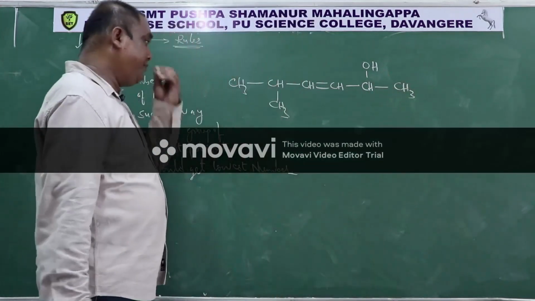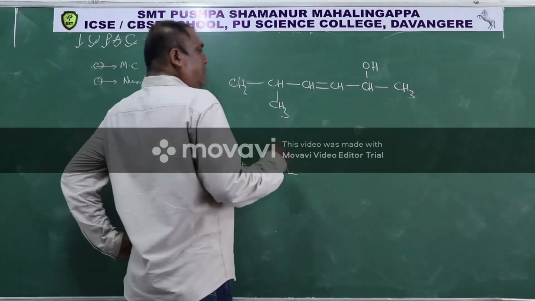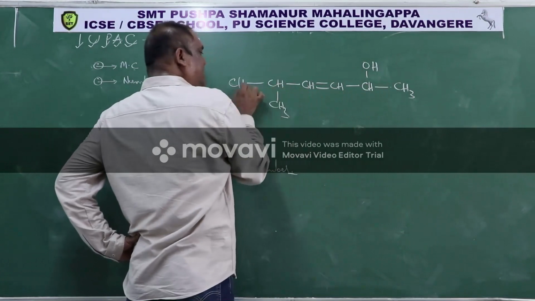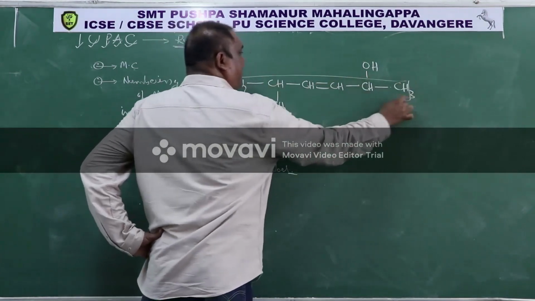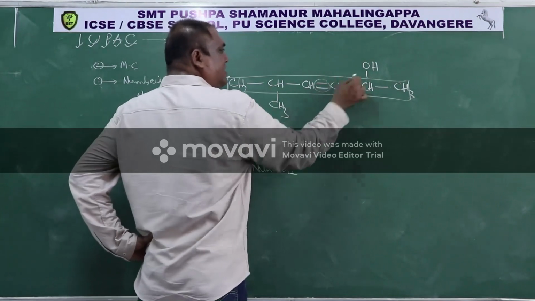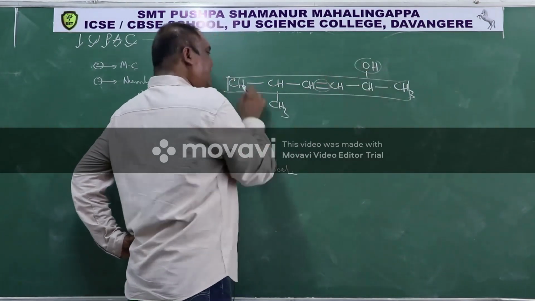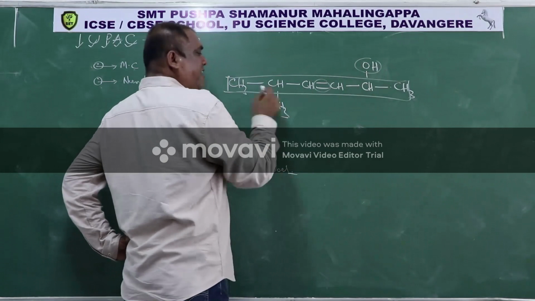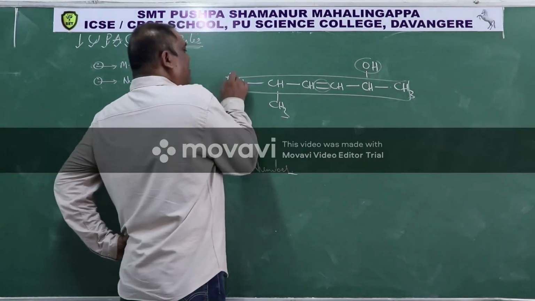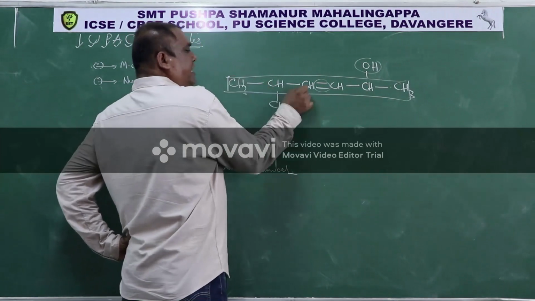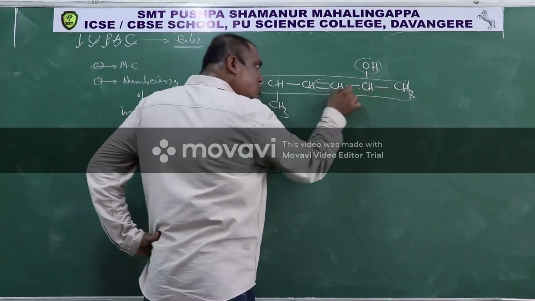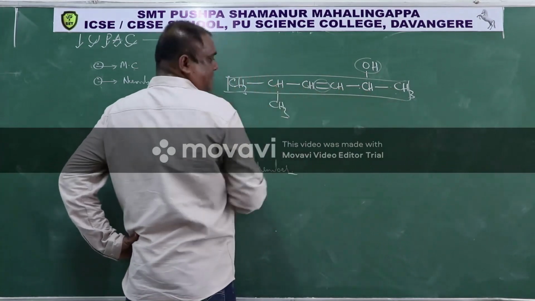So now here the main chain is understood, that is 1, 2, 3, 4, 5, 6 carbons. This is the main chain, because this chain is having this functional group as well as this functional group, and it is the longest possible chain. It is having 6 carbon atoms. After that I can give numbers as 1, 2, 3, 4, 5, 6, or I can give this as 1, 2, 3, 4, 5, 6.